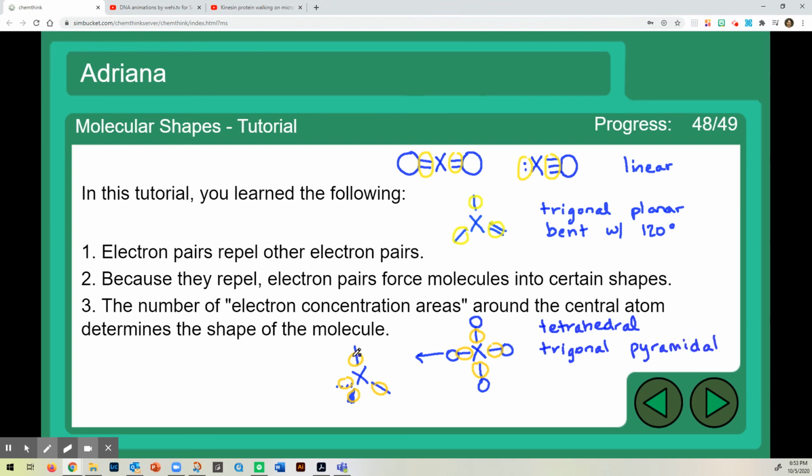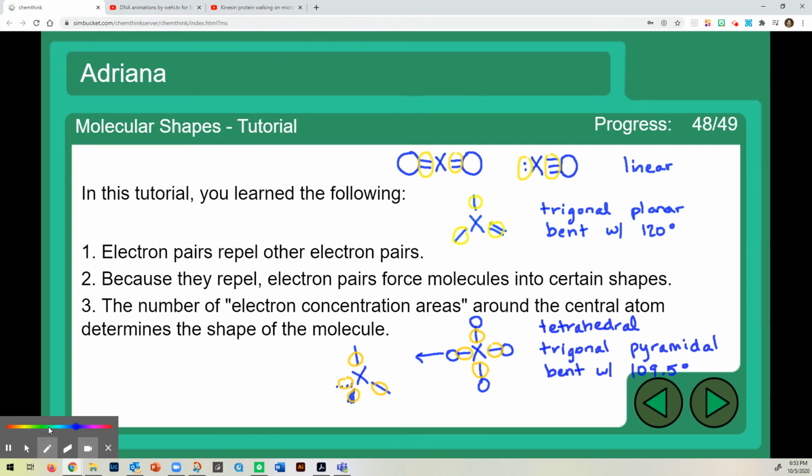And if you replace them with 2 lone pairs, you're going to end up with a bent shape, but with 109.5 degrees between them, because that's the angle between tetrahedral formation, tetrahedral shape.